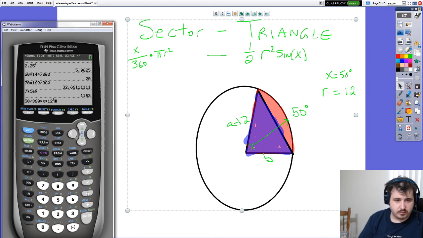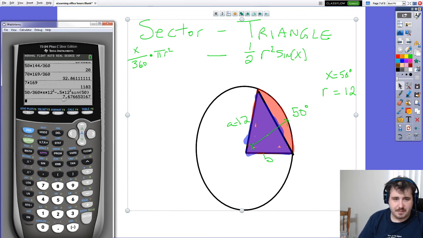And so now what I can do is just do minus, and then minus this, whatever this is, 1/2 times my R squared. R is 12 for me again. Times, there's a sine button, you can hit that right here. And then my angle is 50. And I can just, I typed it all in, now I can just get my answer.